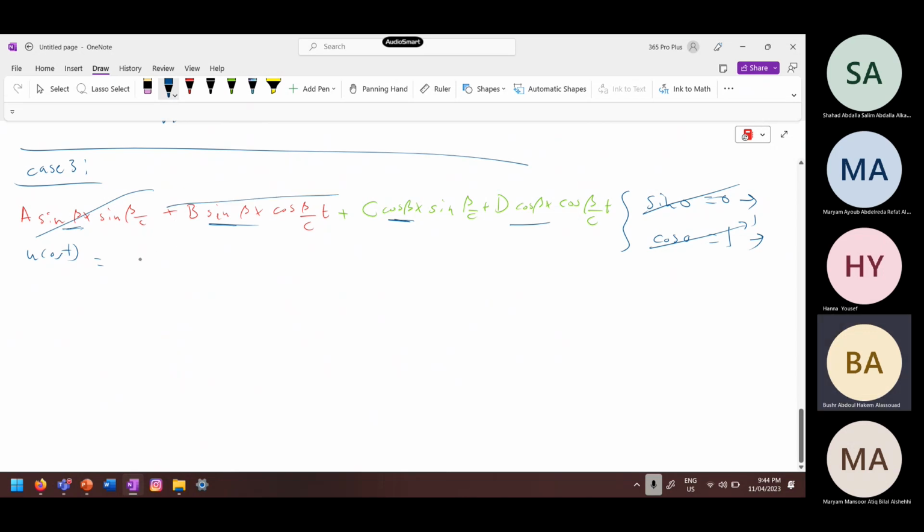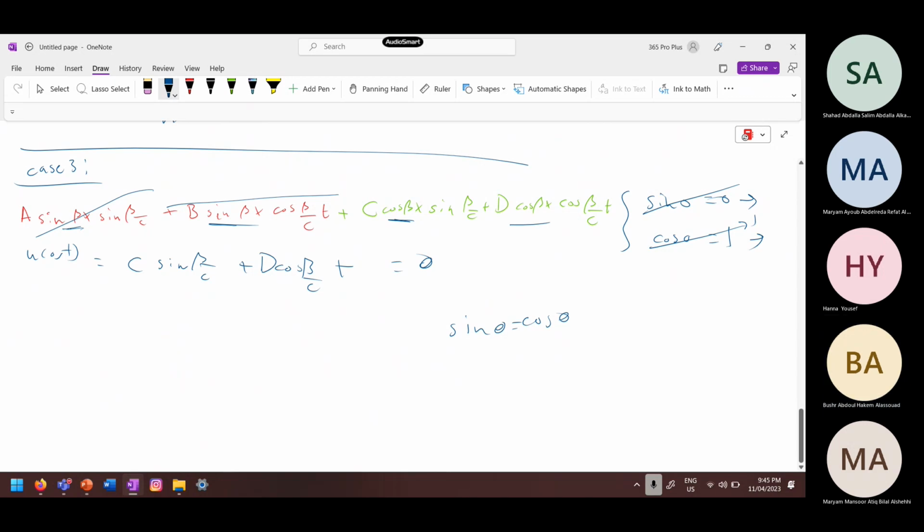So now we'll just play with these. C sine beta over c t plus D cosine beta over ct equal to 0. Can a sine term be equal to a cosine term with both having the same angle? Even if it's negative or positive, can both be equal? You cannot.